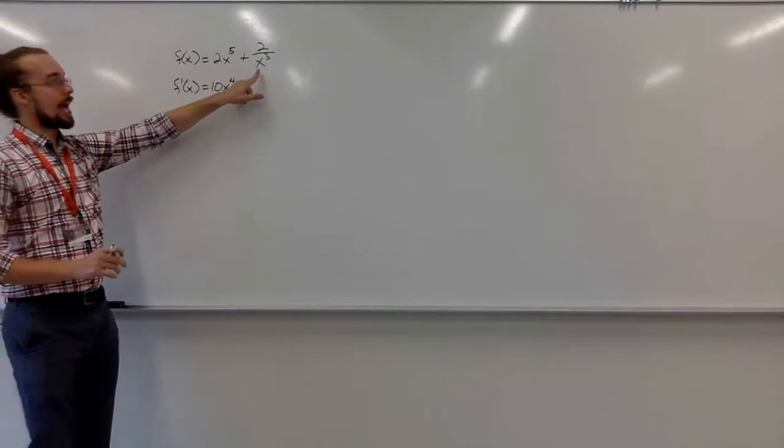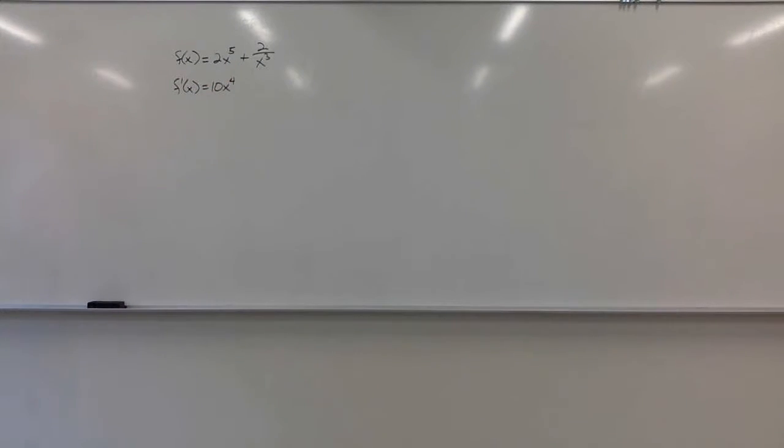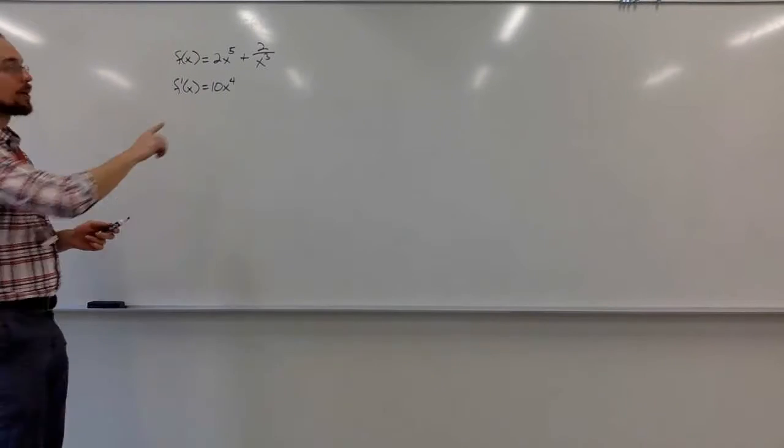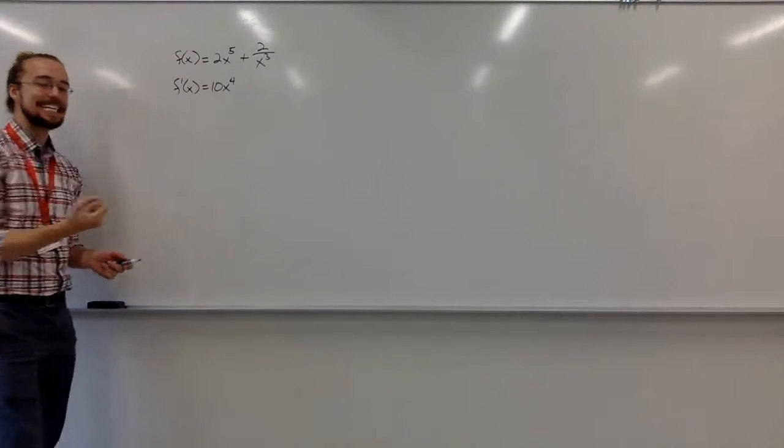As this is written right now, it does not look like terms we've been working with. It's not in the form of a times x to the n power. How can I rewrite this so that it is in that form?